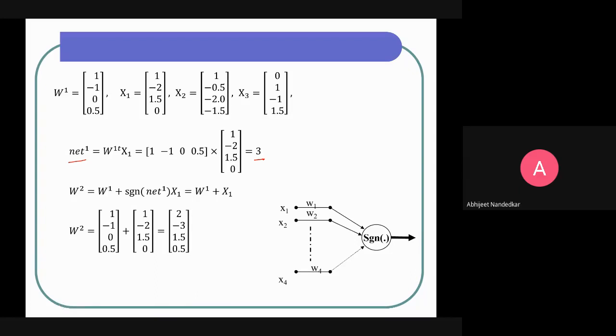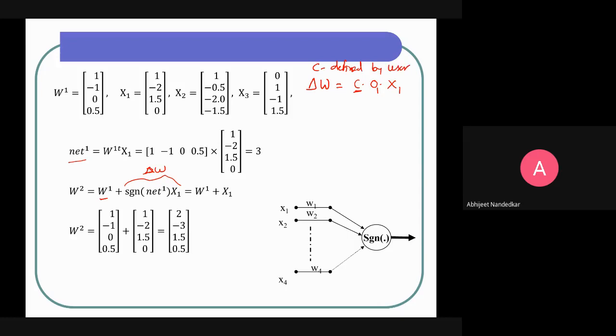Now this W1 is added with this delta W. Now this delta W in this case is equal to c O1 x1. This c is a learning constant defined by the user.